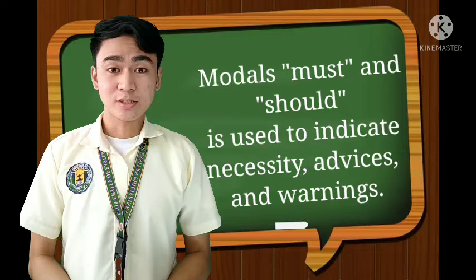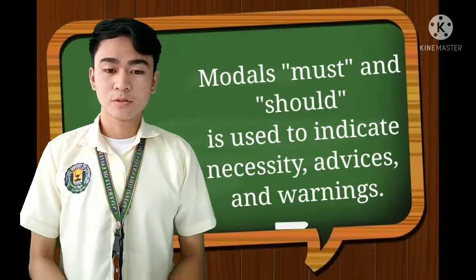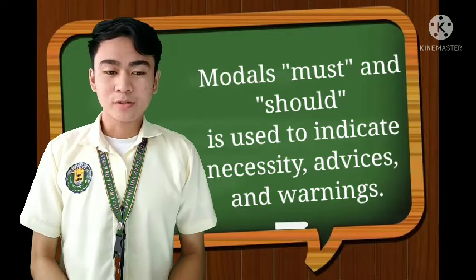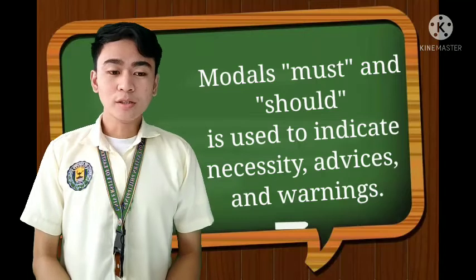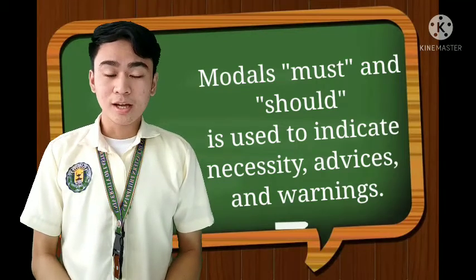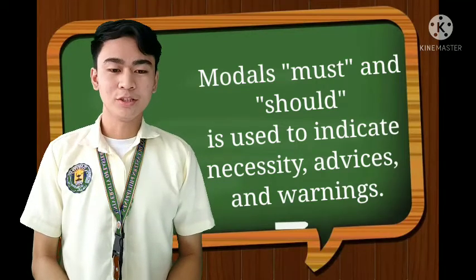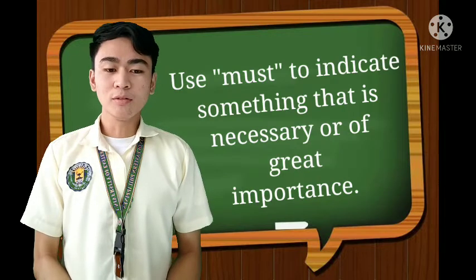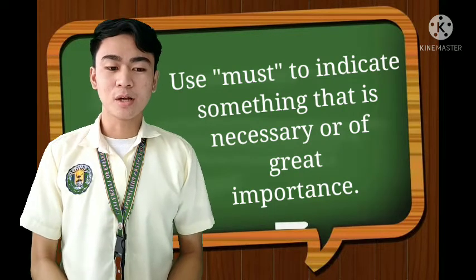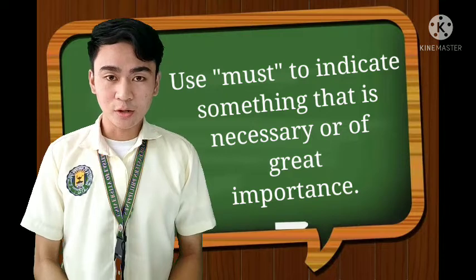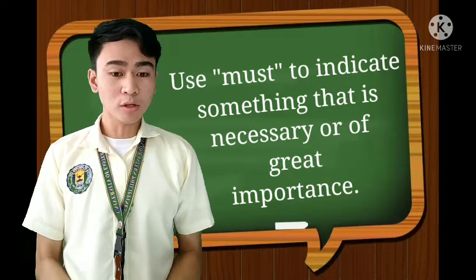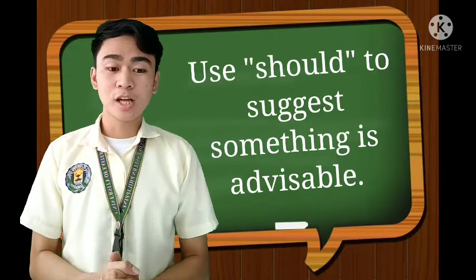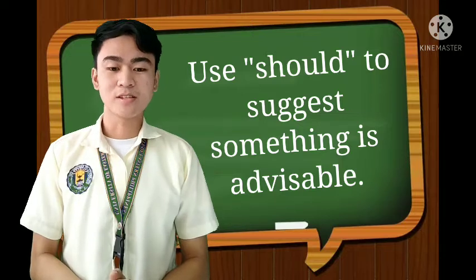The second category of modal verbs indicates necessity, advice, or warnings. The modals must and should fall under this category. We use must as a modal verb to indicate that something is necessary or of great importance, and we use the modal should to suggest that something is advisable.